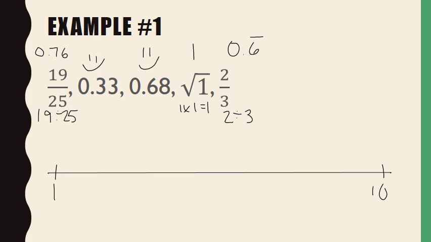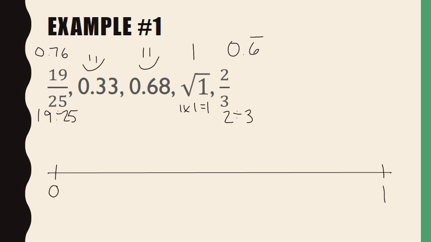The smallest value we have is 0.33, and the largest value we have is 0.76. All of these numbers are between 0 and 1. So I'm actually going to label my number line accordingly. Since all my values are between 0 and 1, I'm going to start at 0 and end at 1.